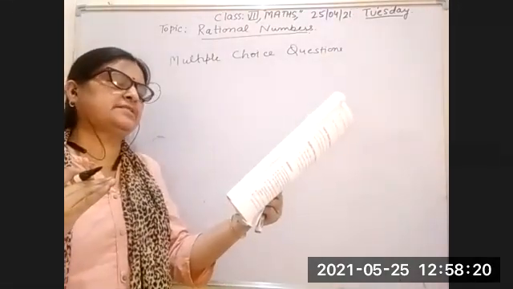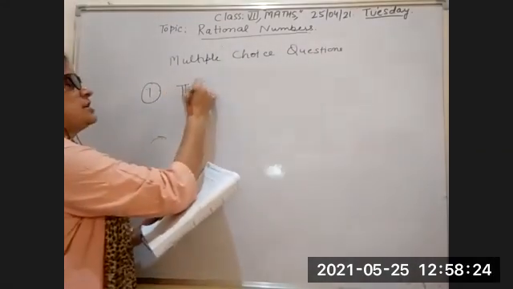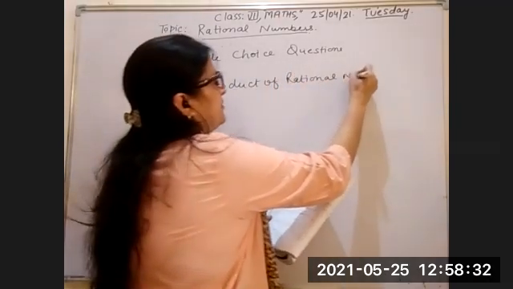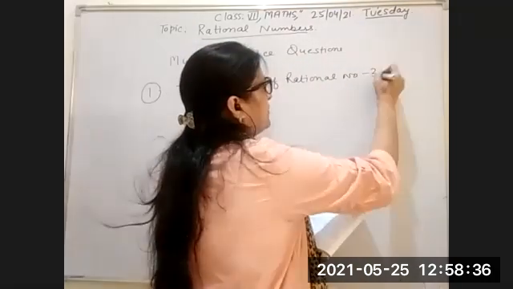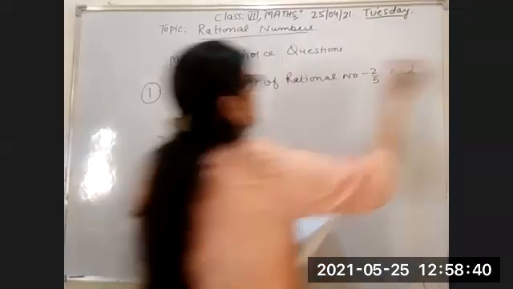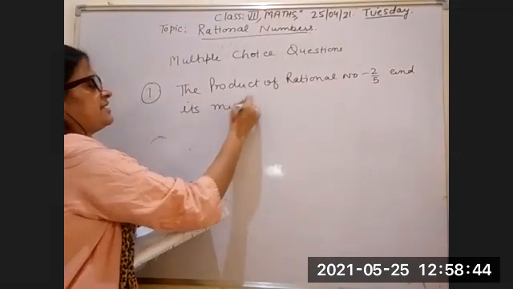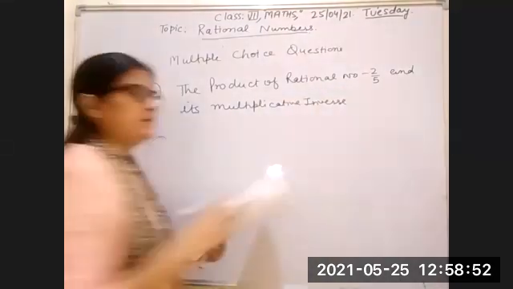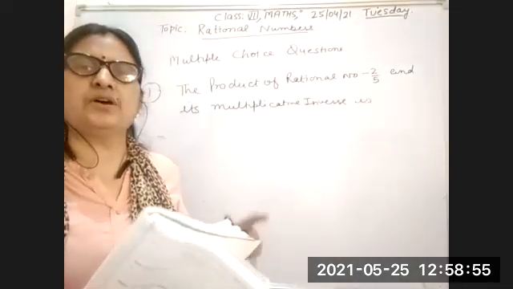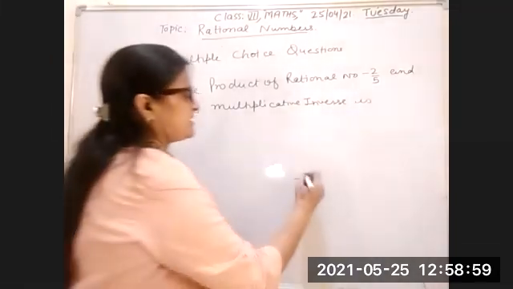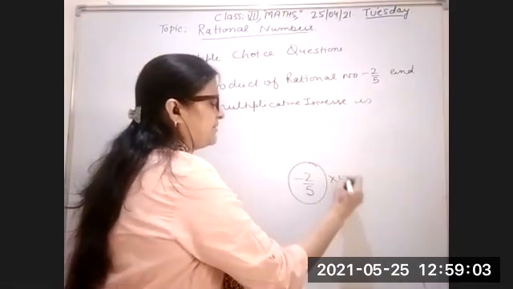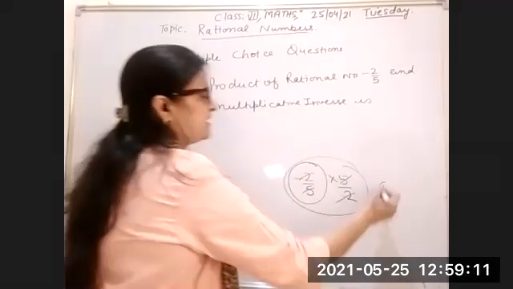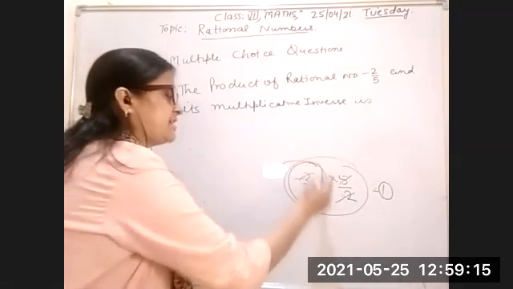The product of rational number is -2/5, then if you have to find its multiplicative inverse, in the last question I already discussed, then its multiplicative inverse is 1, because when any rational number is given and you have to find the reciprocal of this number, it is equal to 5 upon minus 2, and by cancelling these numbers, the reciprocal multiplicative inverse is equal to 1, because the product is already given in the question.